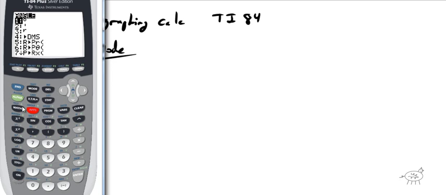But where it is, you need to hit alpha plus. Alpha plus gives you the seconds key. Second apps gives you degrees, minutes, and the conversion.